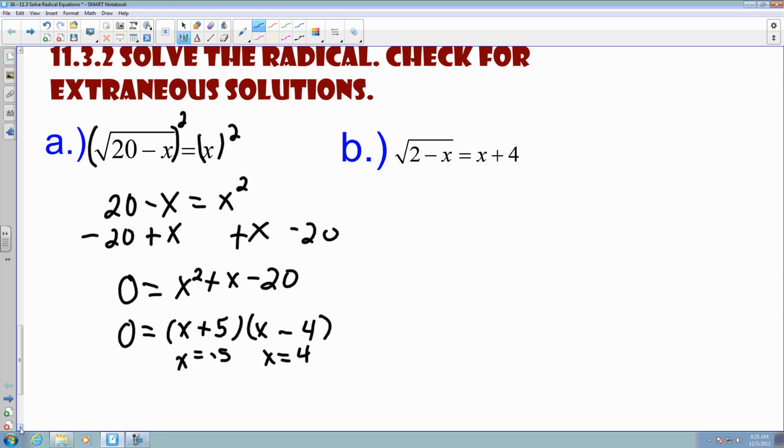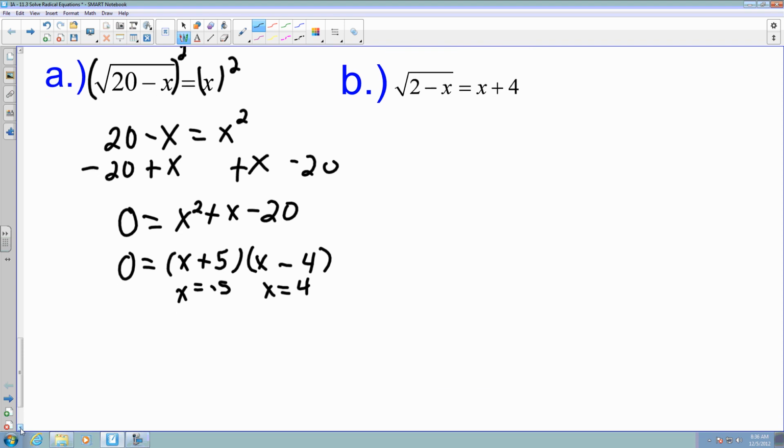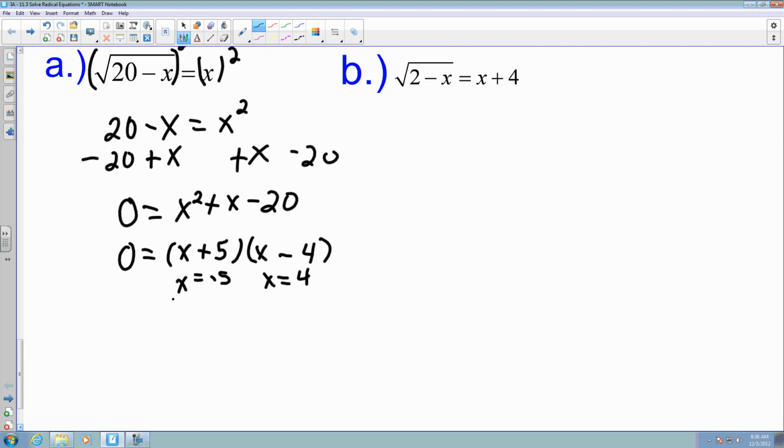Either both of them could be a solution, one of them could be a solution, or none of them could be a solution. So let's take a look and double check our work. Let's use negative 5 first. I have the square root of 20 minus a negative 5 equals negative 5.